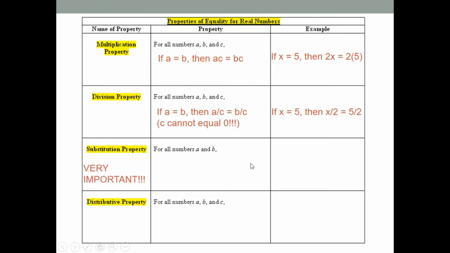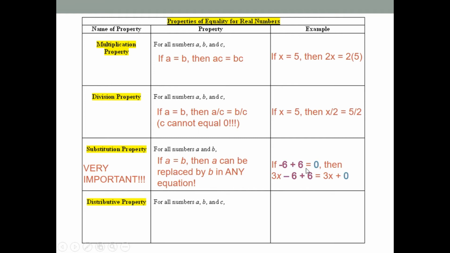The substitution property of equality states that if A equals B, then A can be replaced by B in any equation. So that allows us to simplify each step. Like when we add the same thing to both sides, then we evaluate down.